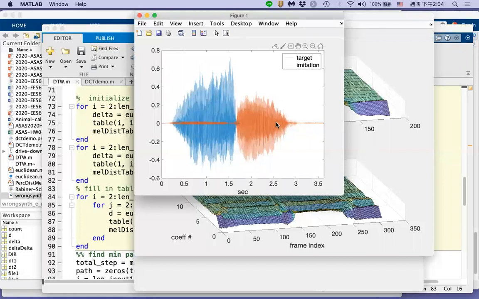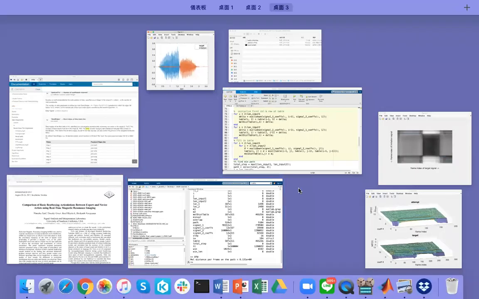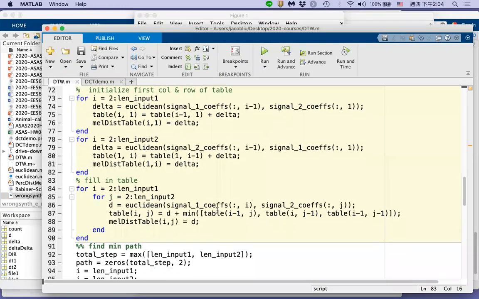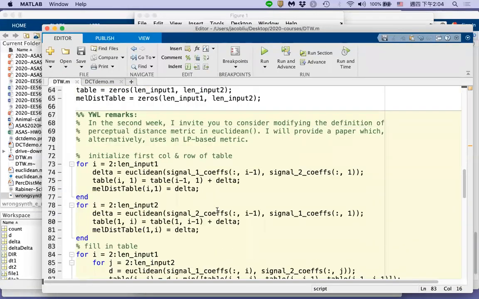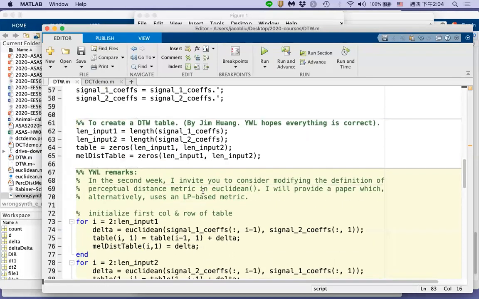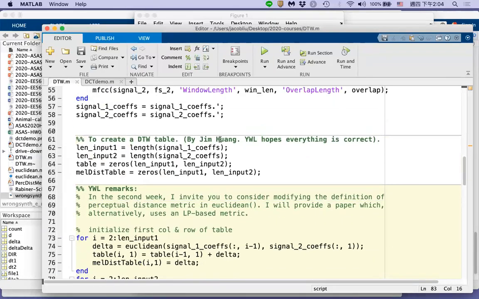But the cool thing about dynamic time warping is that it automatically aligns which frame is similar to which frame between my imitation and the actual target. So let me show you the results. In this code, the second part right here, we thank TA Jimmy for providing the code for dynamic time warping.